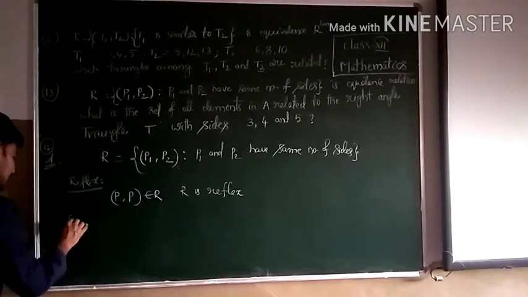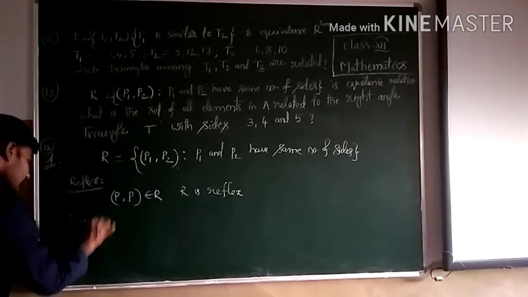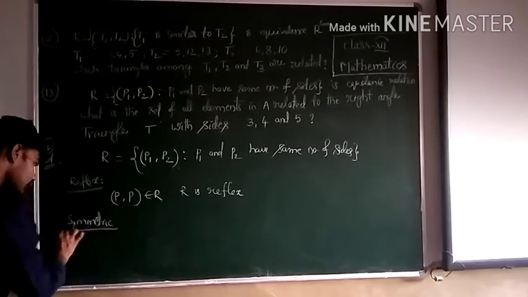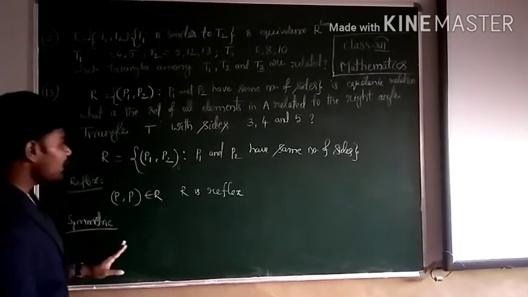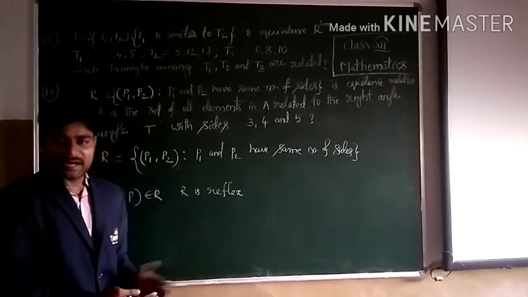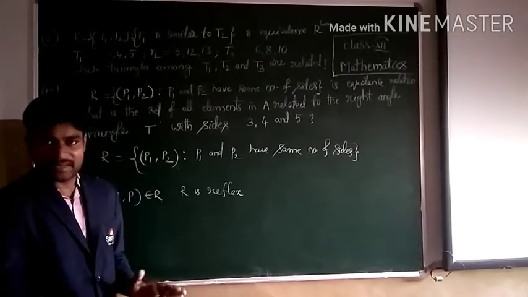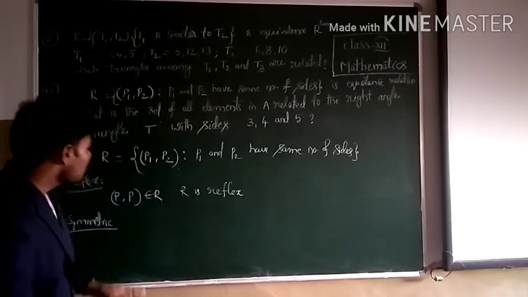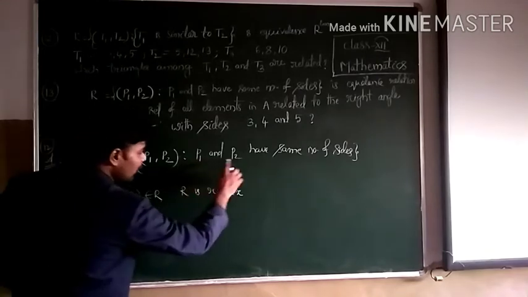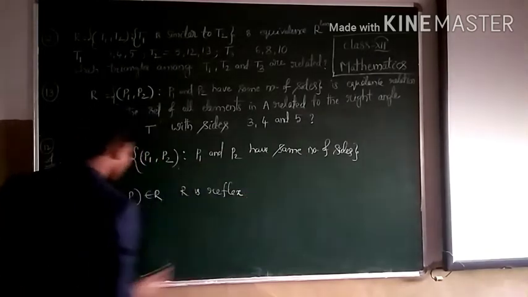Next, symmetric relation. Symmetric relation, we already know that if A comma B belongs to R, its reverse B comma A will also belong to R. So here P1 and P2 have the same number of sides.